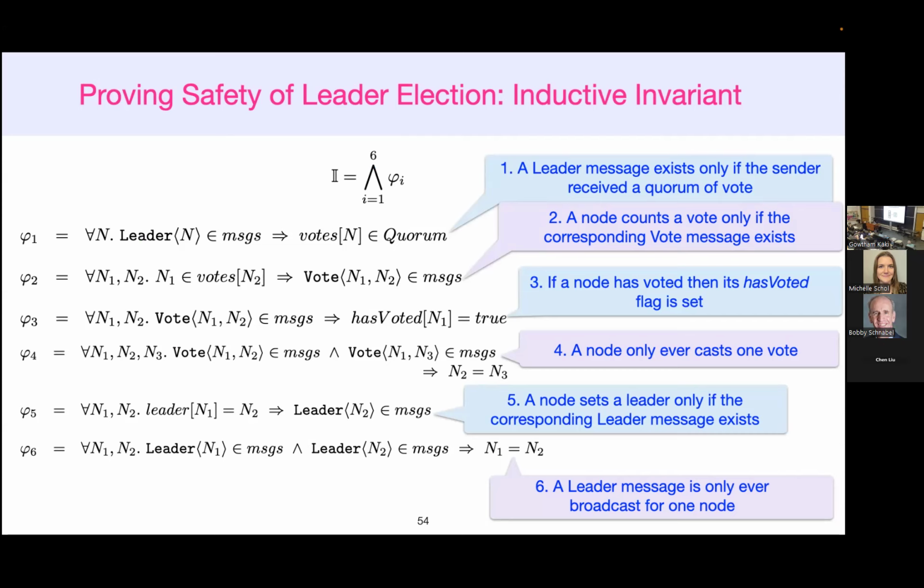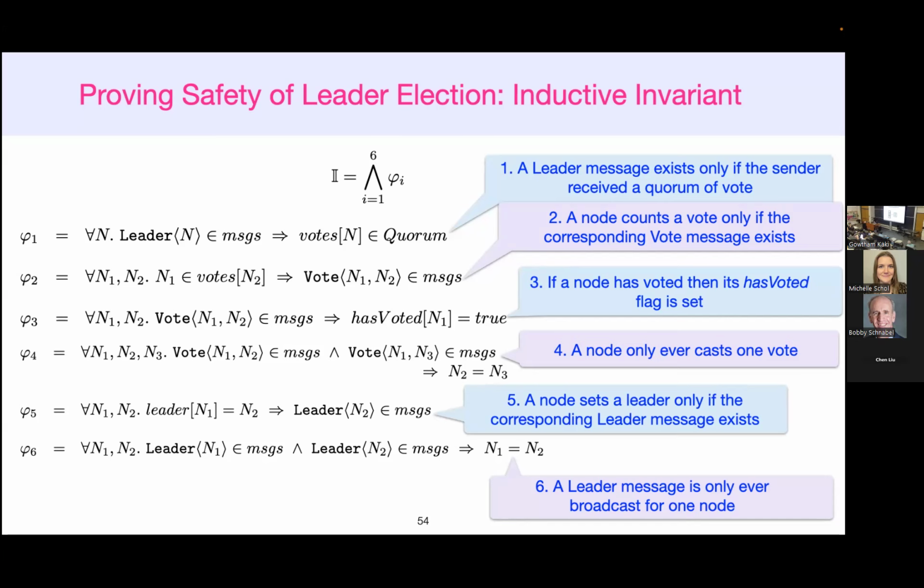For example, whenever there is a leader message, there's only one of them. And whenever a node has voted, its has-vote flag has been set, and so on and so forth, right? So they basically capture the key characteristics of the leader election algorithm that we have discussed so far, so that the inductive proofs actually succeed, right?